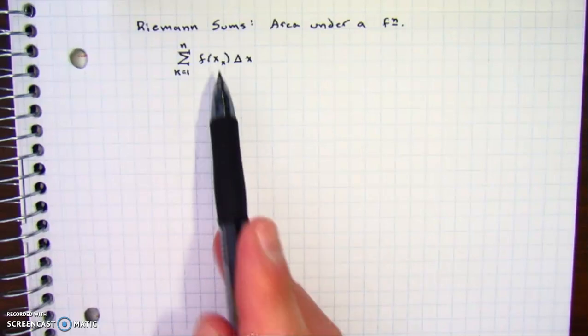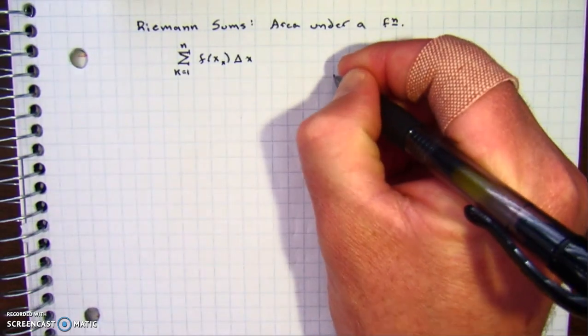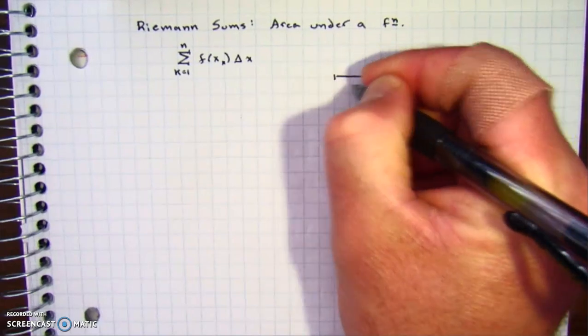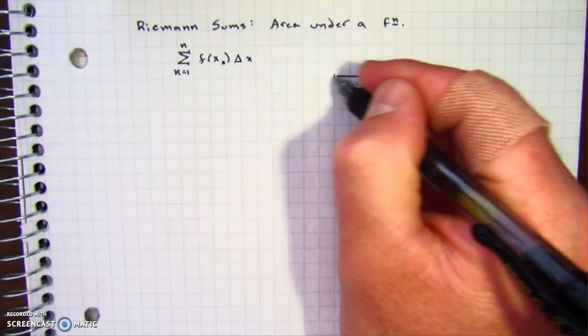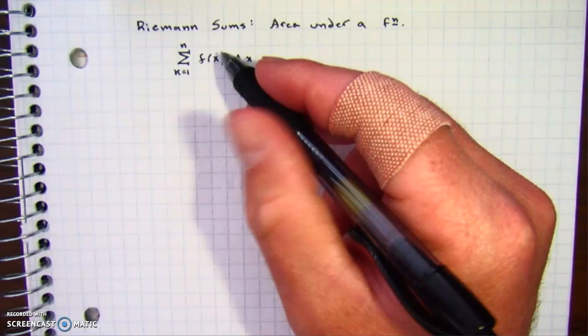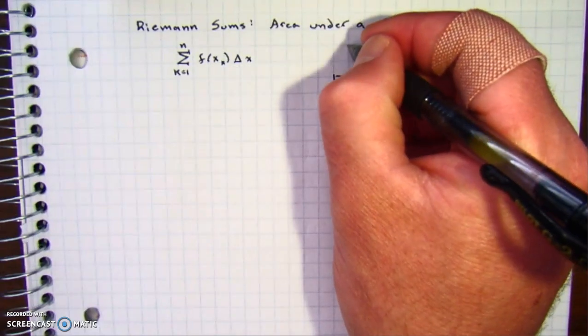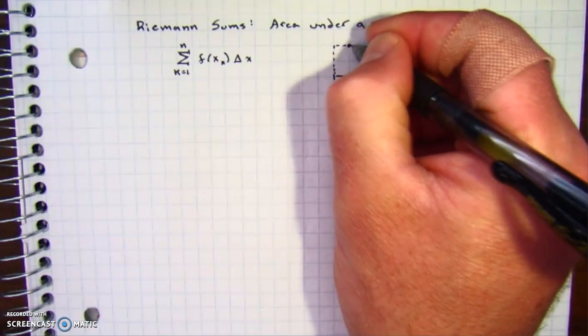So all that this is, if you think about it, you're going to have some delta x right here. This is how much it's changing to the right and to the left. You could think of it like the base. And then you're going to have some function f of x up here. So that's going to give us the height.